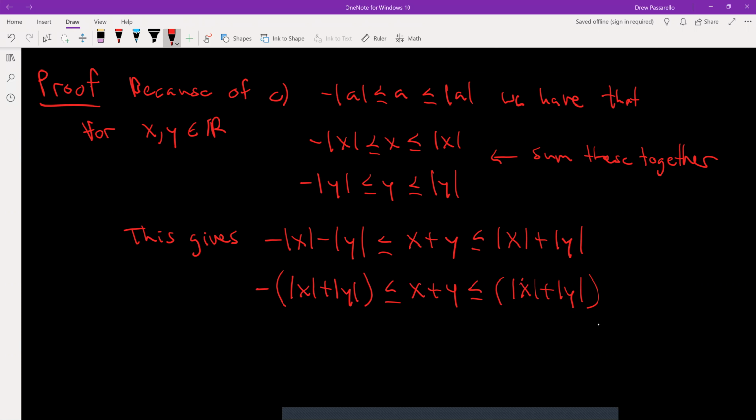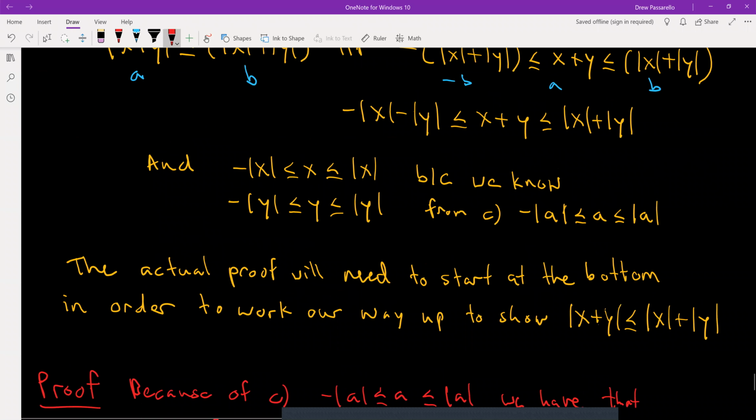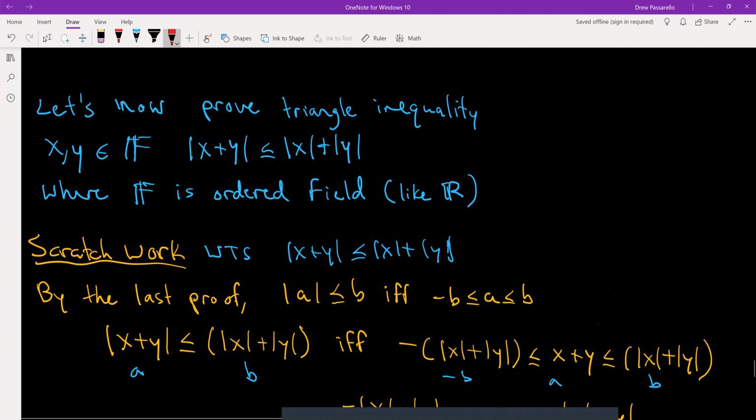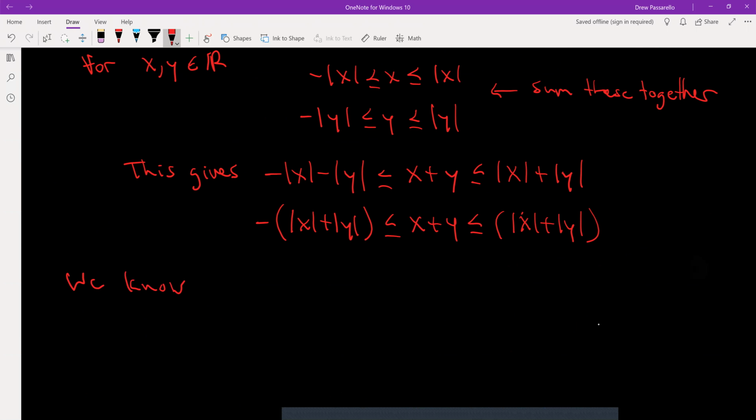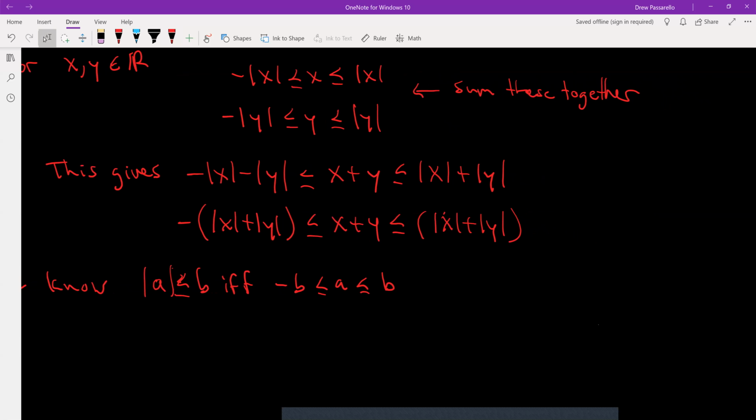Well, because of what we know from part G, so we know that the absolute value of A is less than or equal to B if and only if negative B is less than or equal to A, less than or equal to B. So that means I can use that knowledge to translate this into being the absolute value of x plus y less than or equal to the absolute value of x plus the absolute value of y.